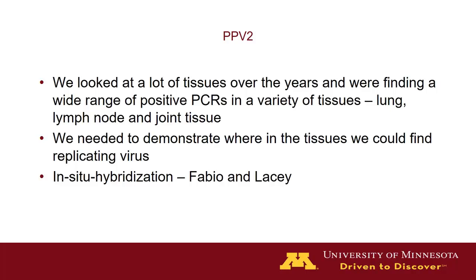And so we looked at a lot of tissues over a year. We found a wide range of PCR positives in tissues: lung, joint tissues, lymph nodes, a lot of variation. And so we really wanted to demonstrate if and where the virus is replicating in those tissues. Fortunately, Dr. Vanuzzi and Lacey, who's right here, have been working on an in-situ hybridization technique for lots of different things, and so we're able to identify nucleic targets of parvovirus in tissues.